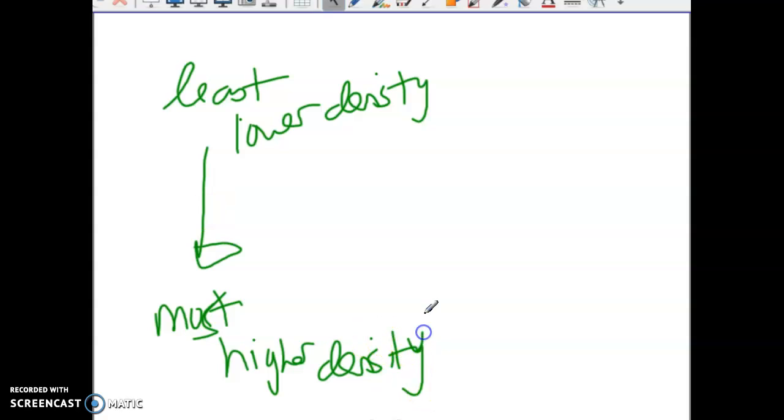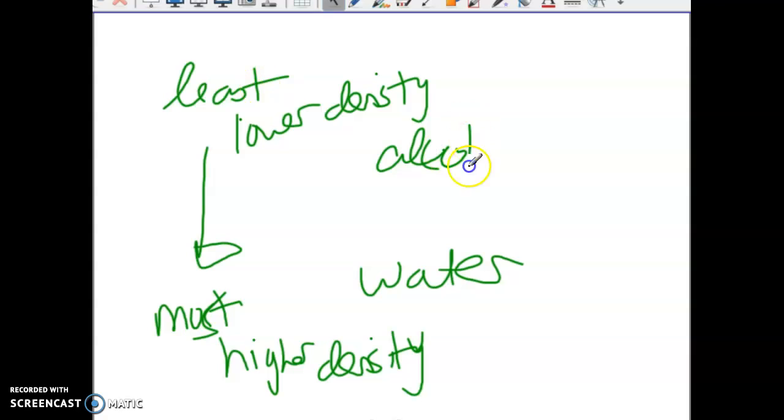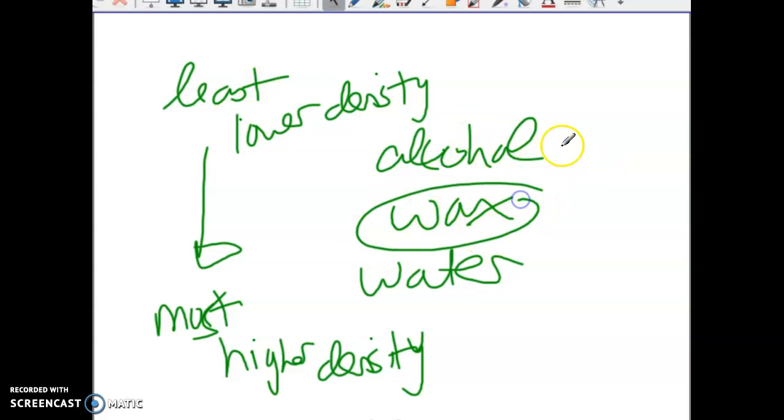The highest density is water of the 3 things, because wax was less dense than water, but wax was more dense than alcohol. So wax sinks in alcohol but floats in water. It's actually in between the 2.